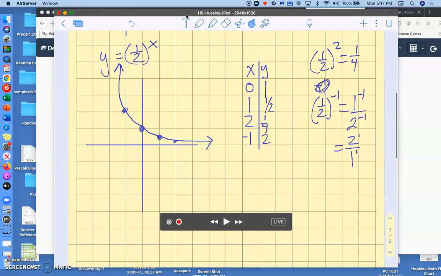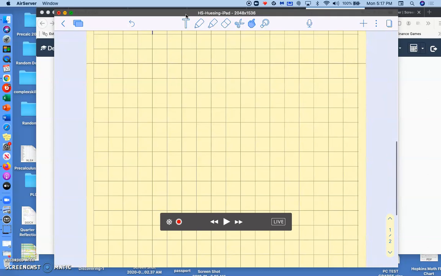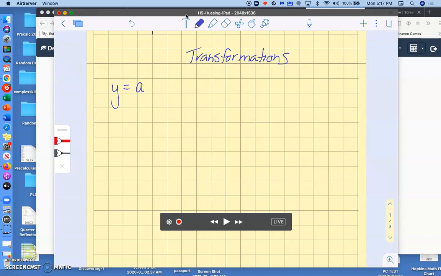So we're going to talk about some transformations. For example, what if we had y equals a times b to the x, and then we had a plus d? For example, what if we had 2 to the x plus 3?